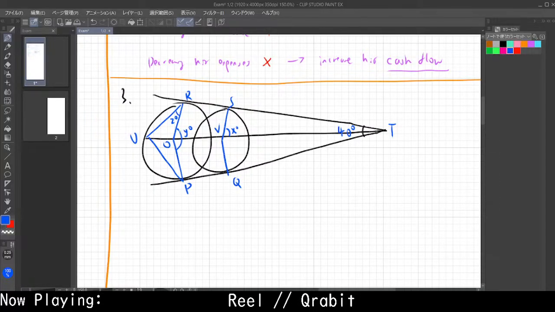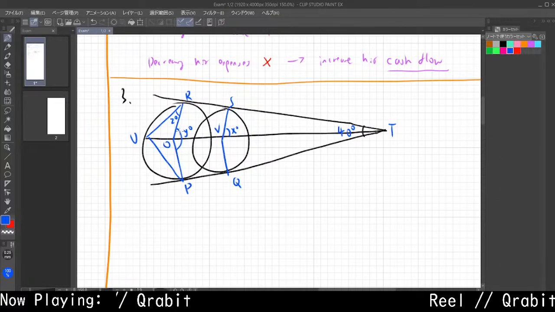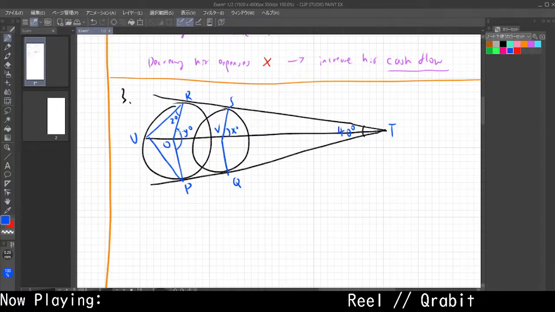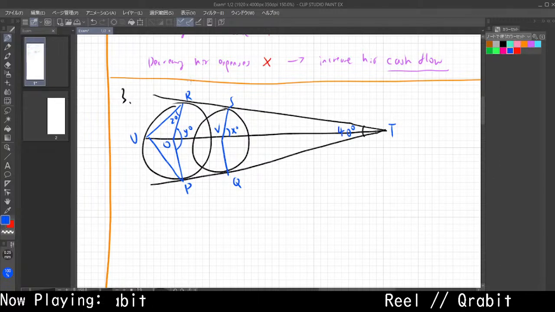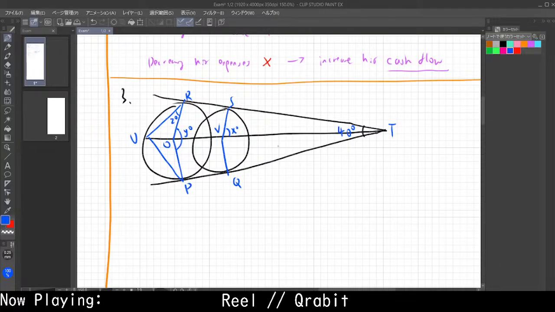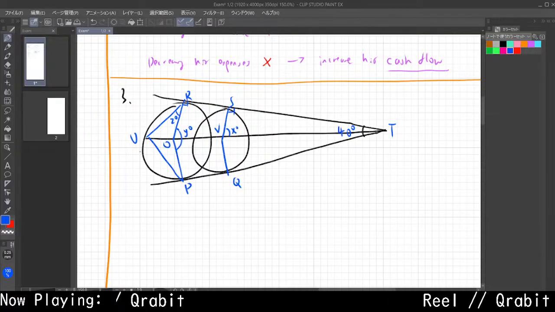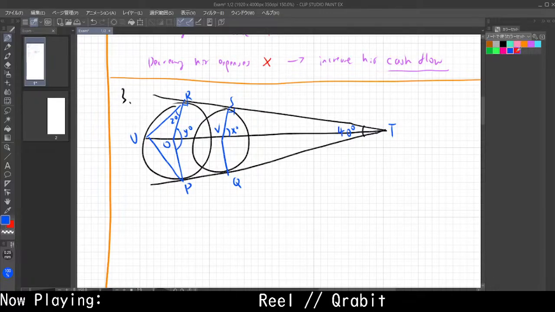But you should be able to figure out that much, because if O and V are your centers and you extend one radius onto your tangents, then these lines must be 90 degrees. And since both of these are 90 degrees, both of the radiuses must be parallel. So that's basically the idea of it. So how do you find X? Let's find X first.